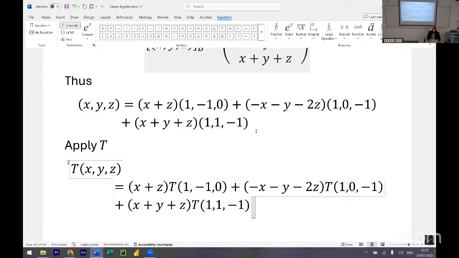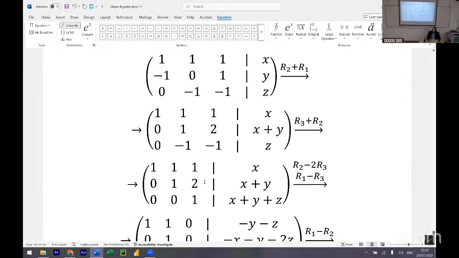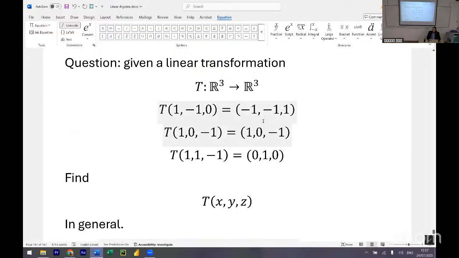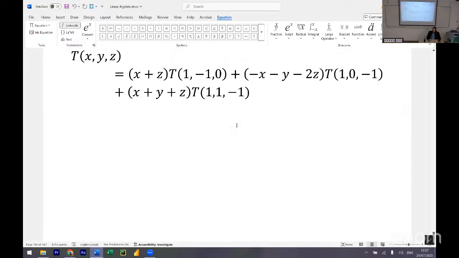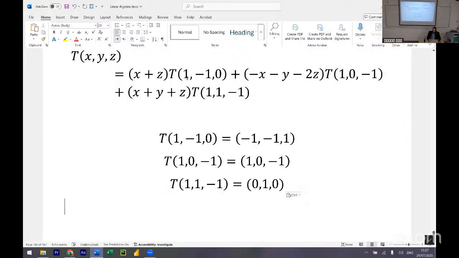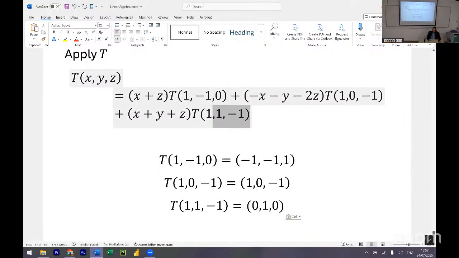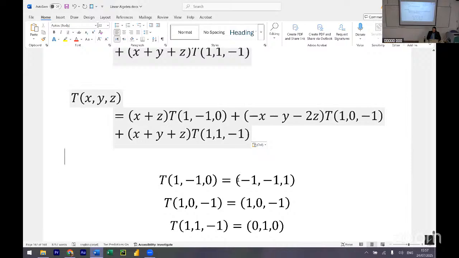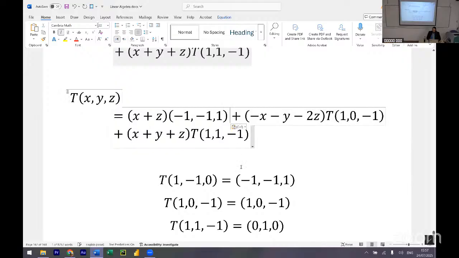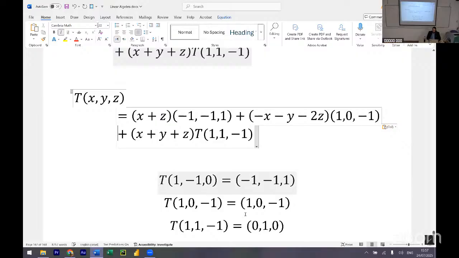Okay, and we know all these values because they are given to us here. I'll copy it for a second. Just to make sure that we have the last step. So this is this, this, and this.